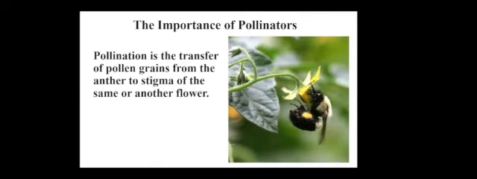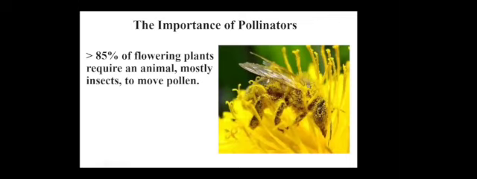If you have a lack of pollinators available in our field, maybe your yield will not be that great. And another view is that more than 85% of flowering plants globally require some kind of animal, mostly insects, to move the pollen.